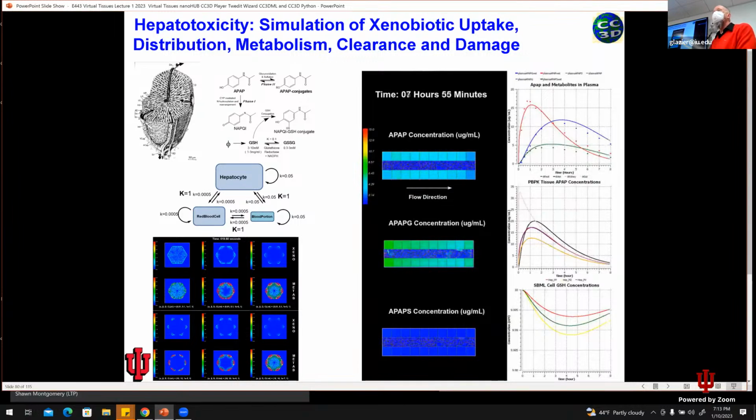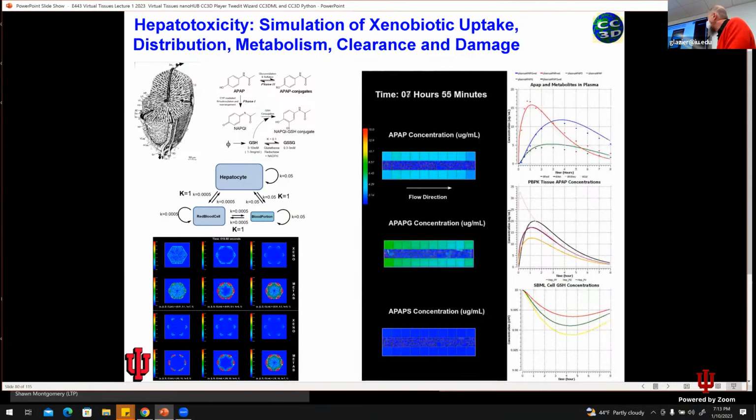If NAPQI binds to a molecule called glutathione, people may have heard of antioxidants, in a vague way at some point in life, that are a good thing in quotation marks. The main antioxidant molecule in your cells is a molecule called glutathione. If that level of glutathione is depleted too much, the cell will die.